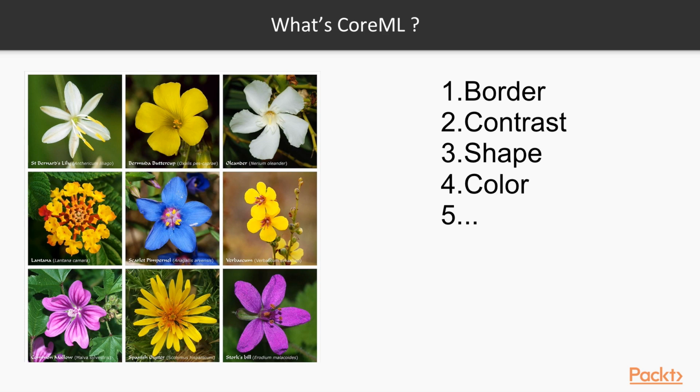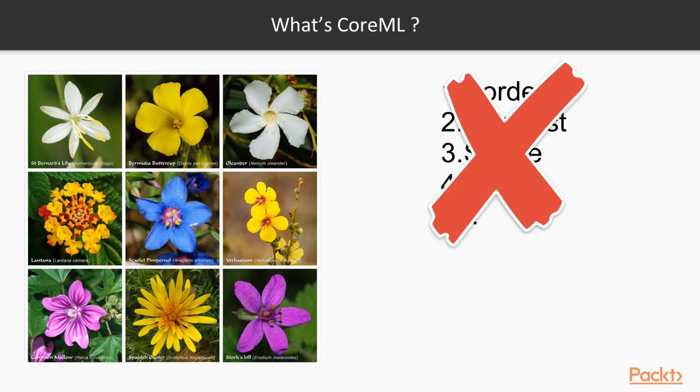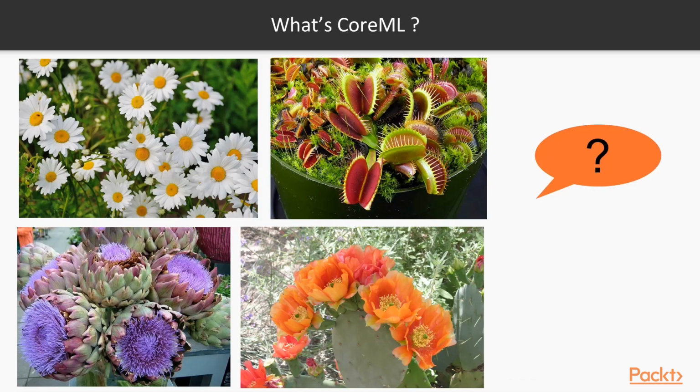And then we can write an algorithm that checks all these attributes, and this algorithm should tell us if the picture is a flower or not. This works to some extent, but doesn't really work. There will probably be some different types of flowers that we didn't think about in the first place. Like in this slide, you can see some different types of flowers, or some cases, for example, multiple flowers in the same picture. That breaks our logic.